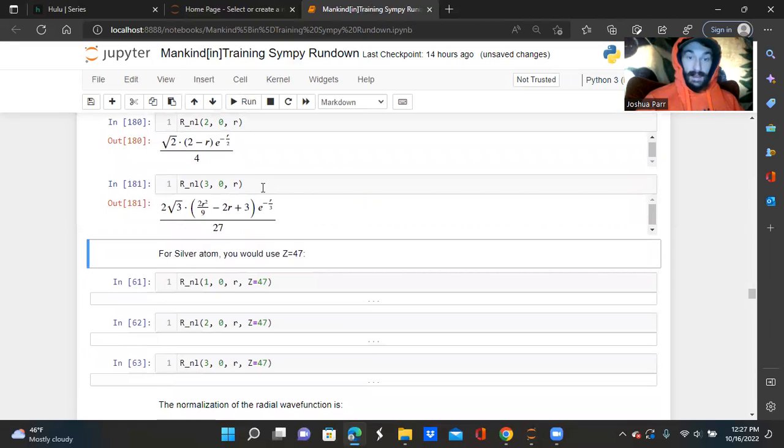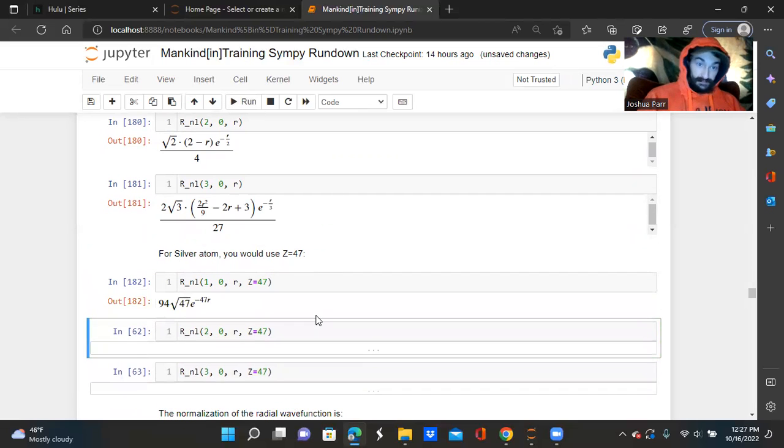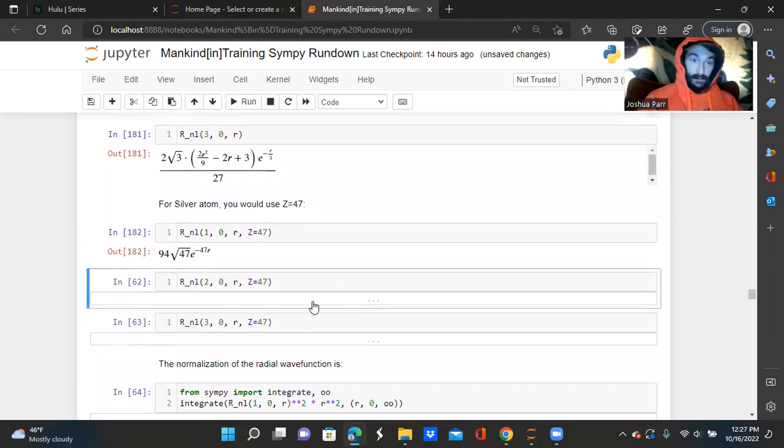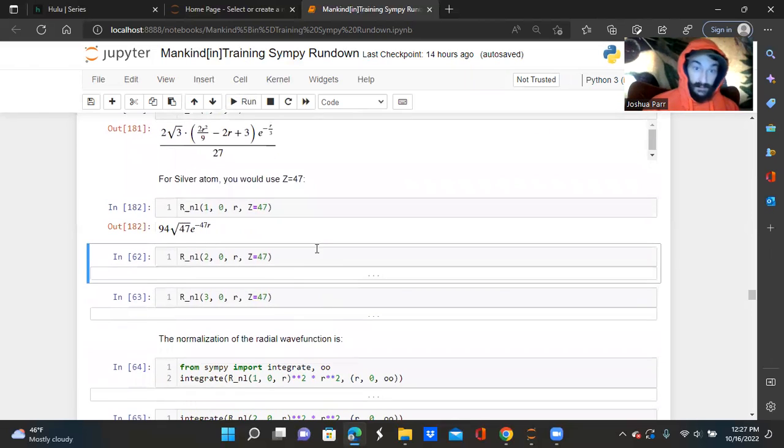For a silver atom, you need to change your z to the corresponding number of the element you're trying to find. And for the silver particle, we have 94 square root of 47 e to the negative 47r.